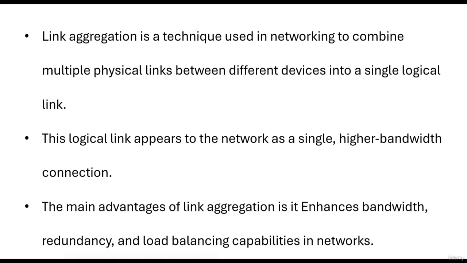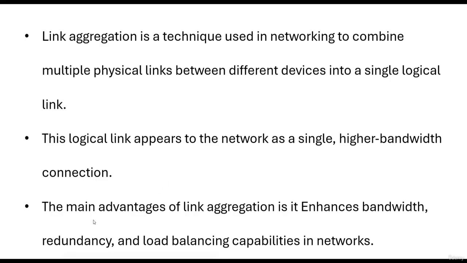When you have only one link, it is just 1 gig. But when you establish three different 1 gig connections and bundle them, then you can carry 3 gigs of traffic. So that's the reason it's considered a higher bandwidth connection.